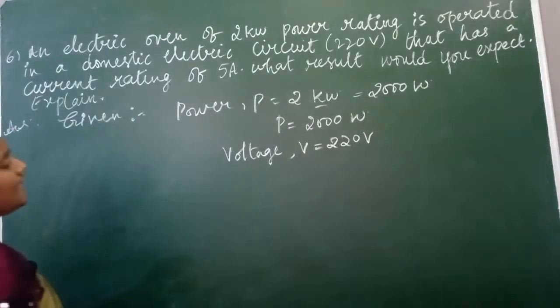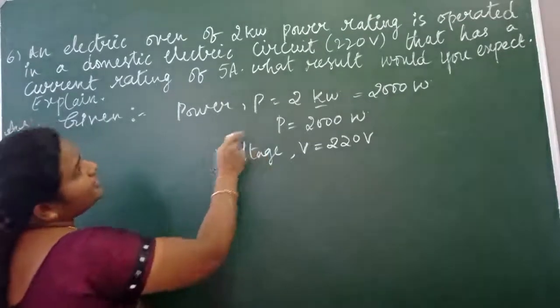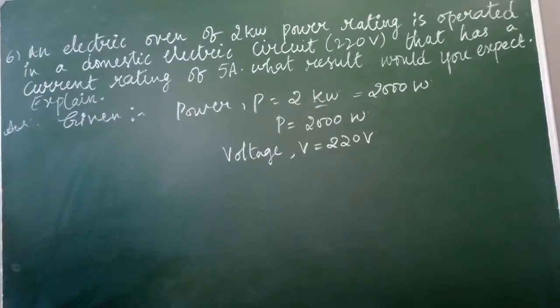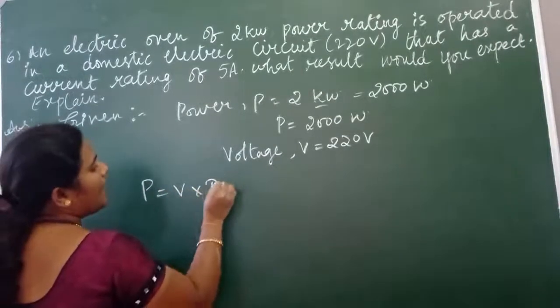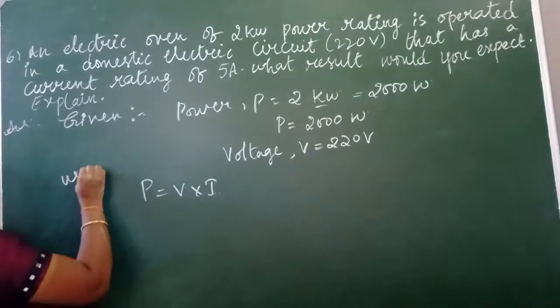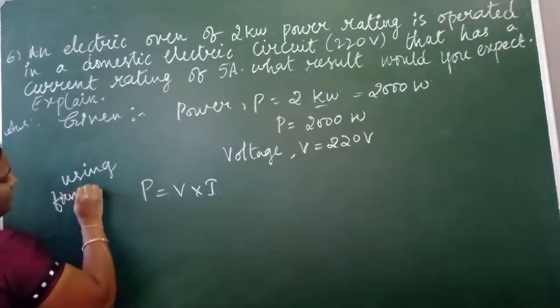Then what is the current, children? 5 amperes current they have connected. So first we need to calculate how much current it has used here. So using formula P is equal to V into I. This formula we have to use, children.